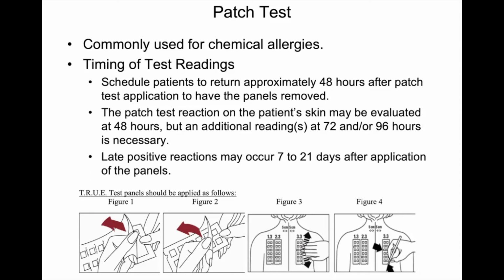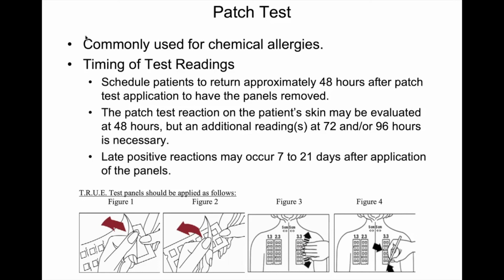In some cases, they will have the patient come back in 72 hours to determine whether there's any kind of late response. And it is possible to have late responses 7 to 21 days after the application of these patch tests.